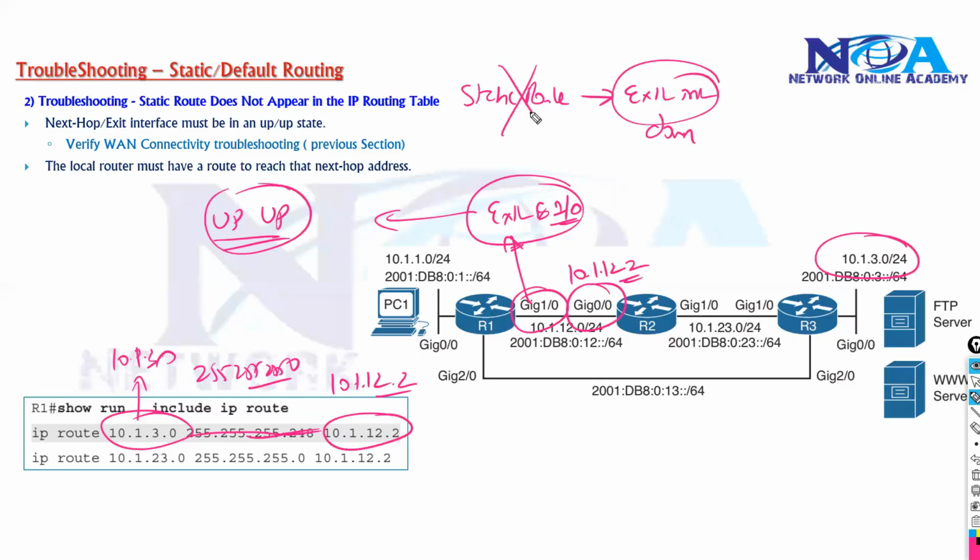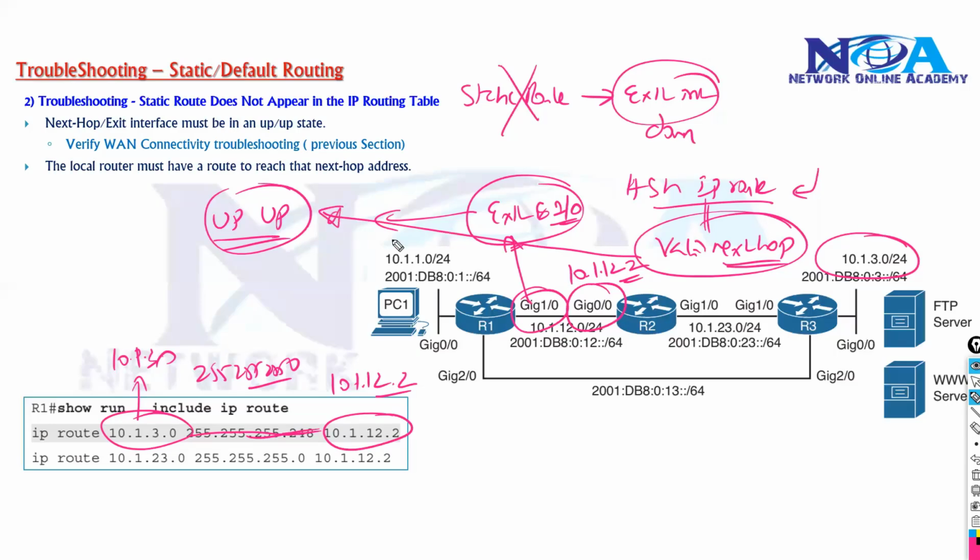The prerequisite for a route to make it into the routing table, when you do show IP route, is that it has a valid next hop. So you have to ensure that the next hop is valid, meaning the interface should be up and up. That's a primary condition.